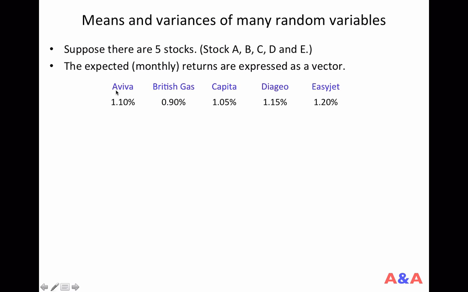They look very low, but let's say they are monthly returns, so it's like 12% per year, which isn't too bad. Okay, but the point is that if there are 5 random variables, there are 5 expectations. So the whole expectation is denoted as a vector, which is composed of 5 numbers.